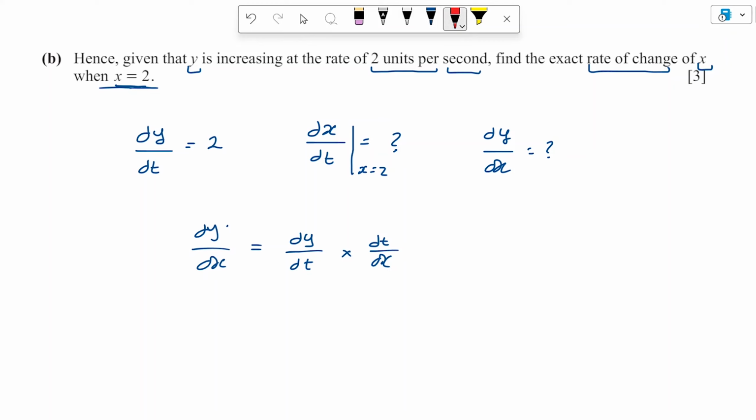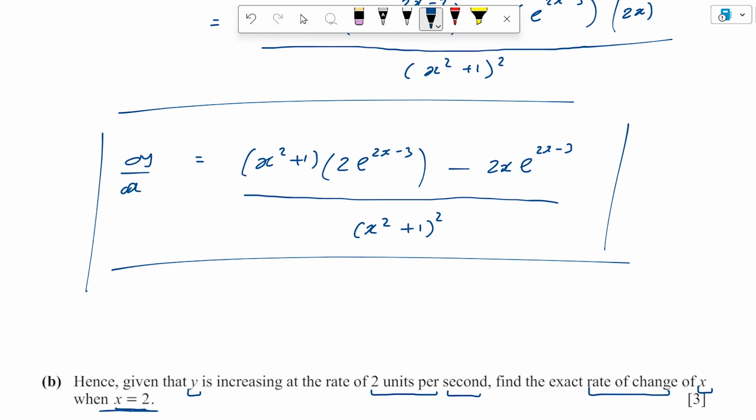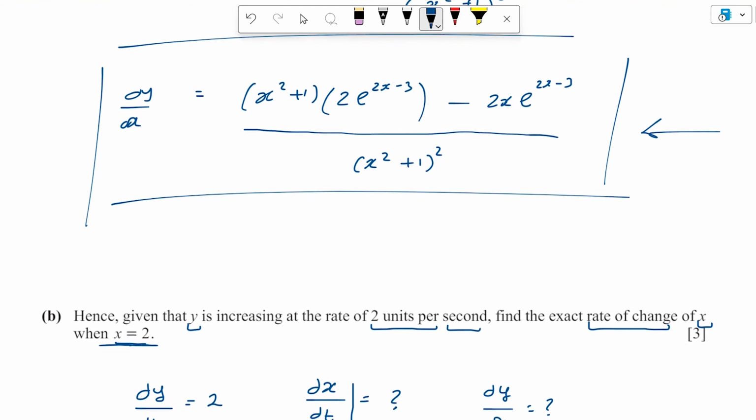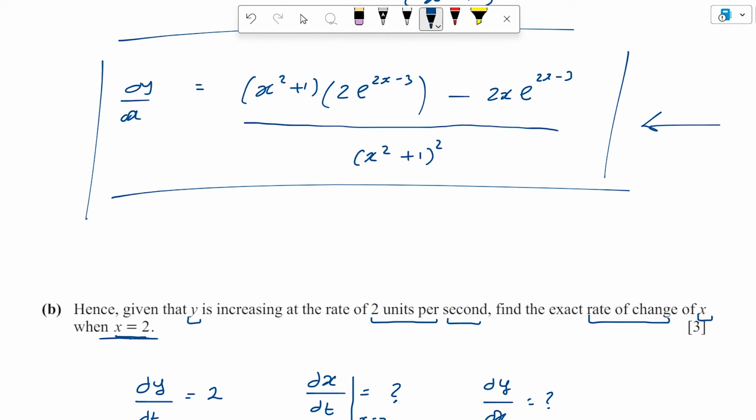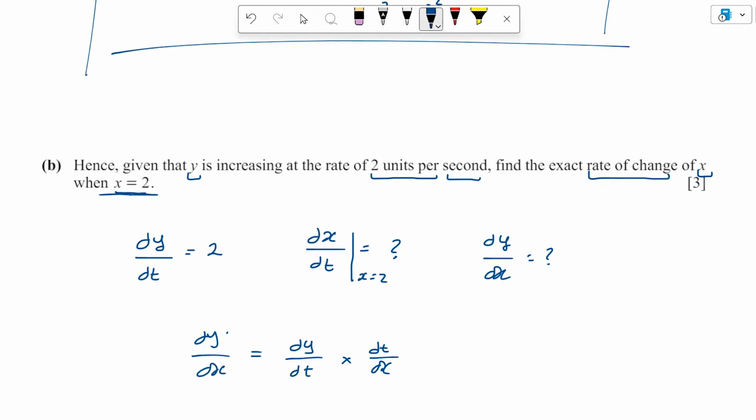I want you to notice something here. dt can cancel dt, and when we multiply this with this, we end up getting dy over dx. So that's why this equation makes sense. Right, so let's find the gradient. We already have the equation for the gradient, which is dy over dx that we calculated over here. It wants us to find this when x is equal to 2.